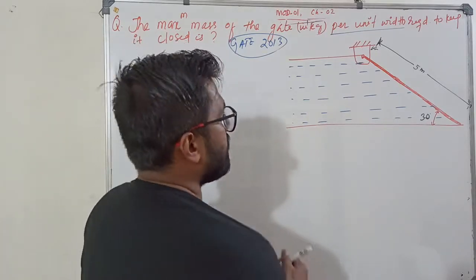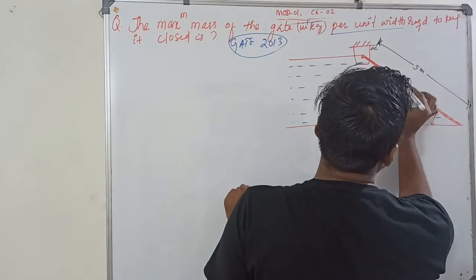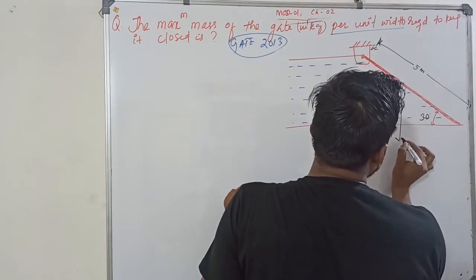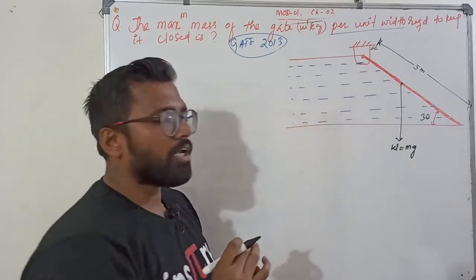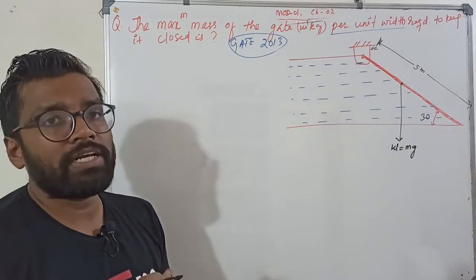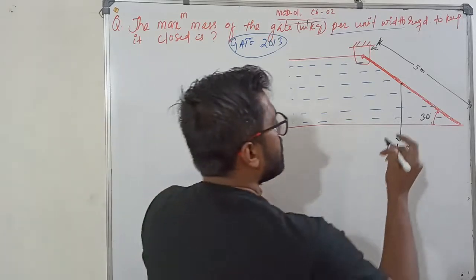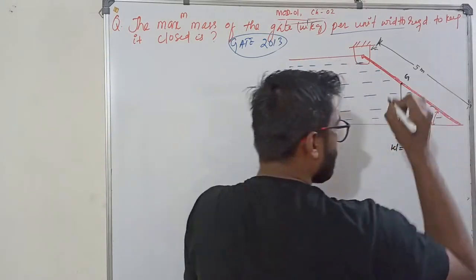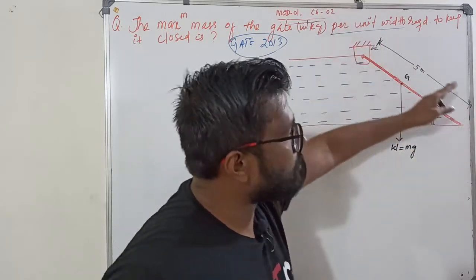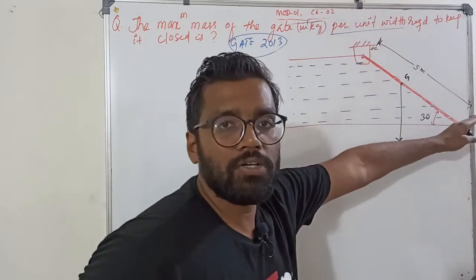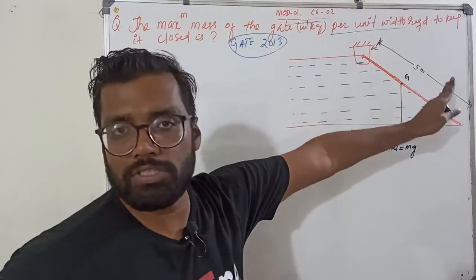So first, this gate has some weight which is acting vertically downward, W equal to M into G. Where is the weight concentrated? At the CG. So this point is my CG, G. Over the entire area of the gate, there is a hydrostatic force acting.